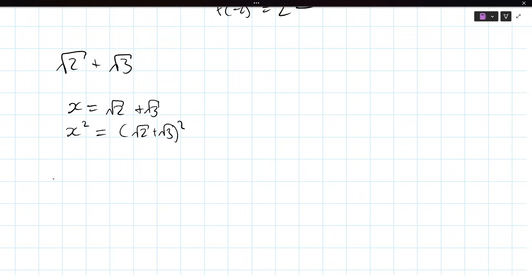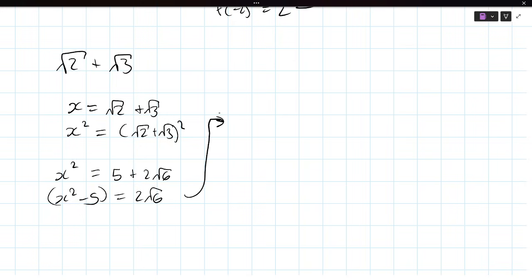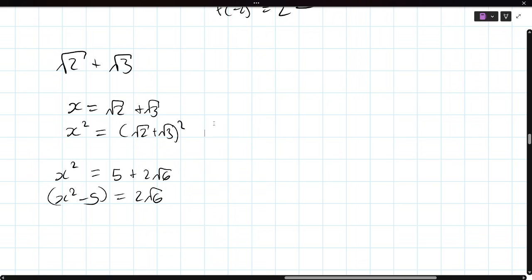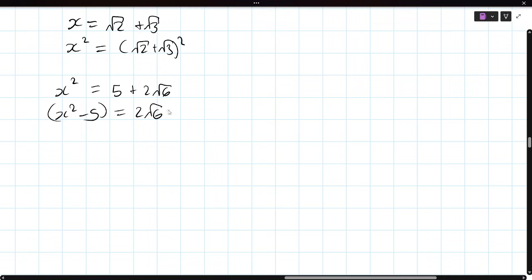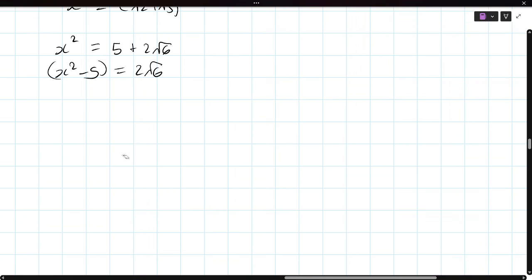And I want to construct this polynomial very nicely. This is equal to 5 plus 2 root 6. Is that correct? It should be correct. It's not, it's embarrassing. And now I am going to get rid of the radicals. Get rid of radicals. What a funny statement. Apologies for that.